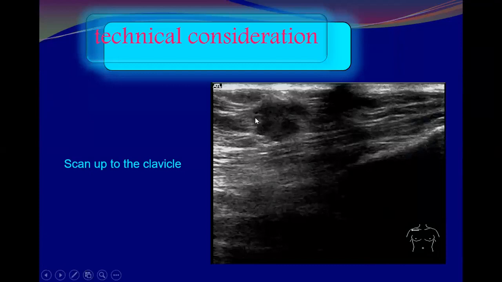Look, this is my patient. This is invasive cancer. Look at the cursor here, just below the clavicle. Here are the muscles, and you cannot see obvious breast tissue. So you have to scan up to the clavicle.